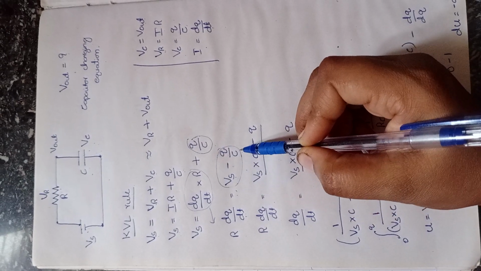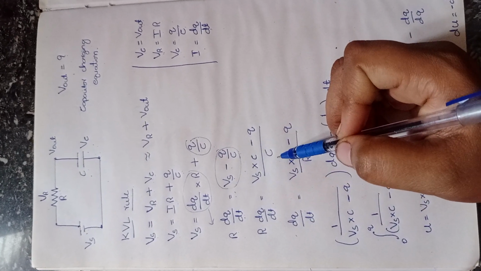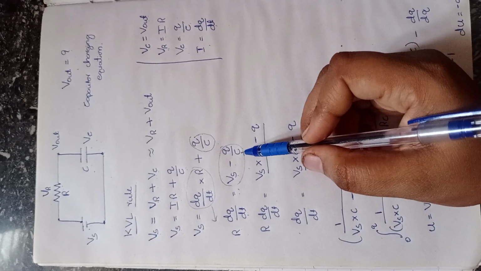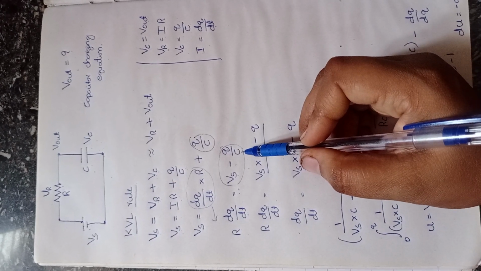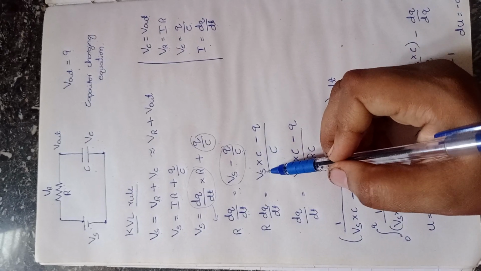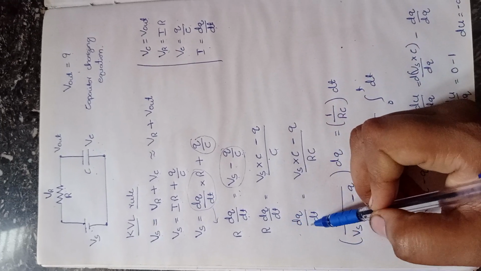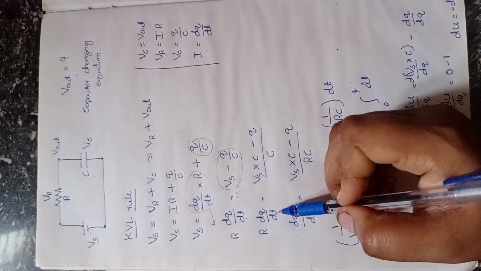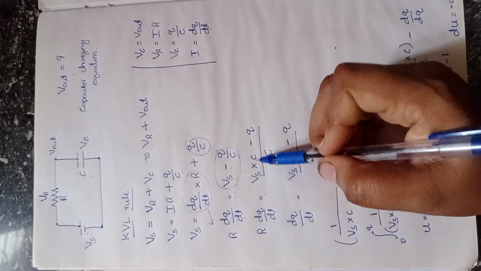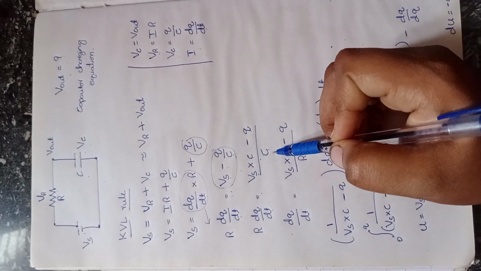This is a kind of fractional equation, right? If I take C as LCM, we get Vs into C minus Q divided by C. So finally we get R dq by dt is equal to Vs C minus Q divided by C.